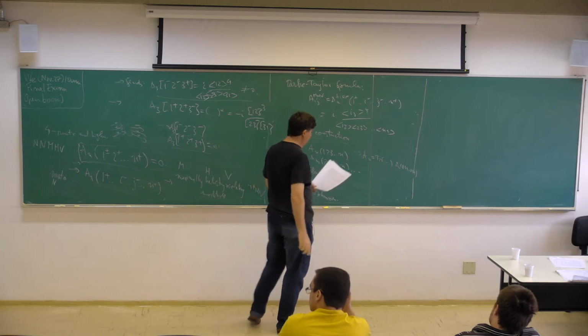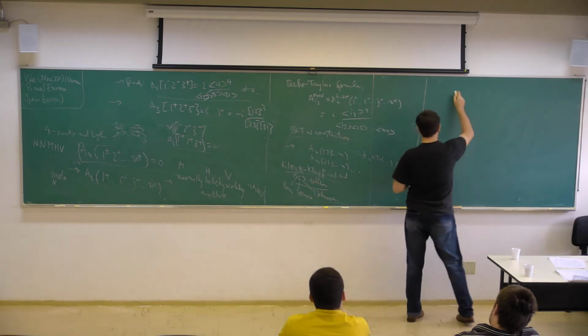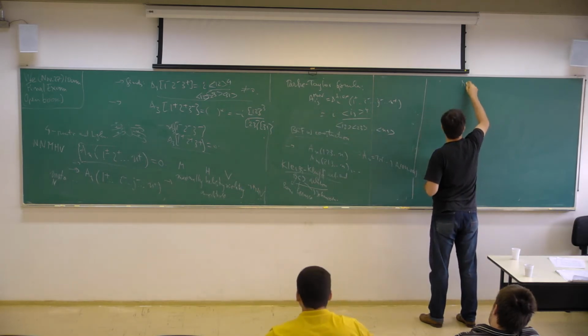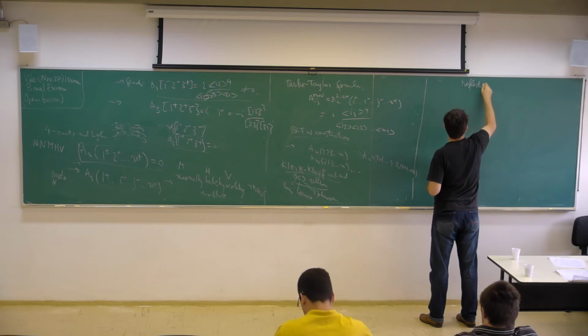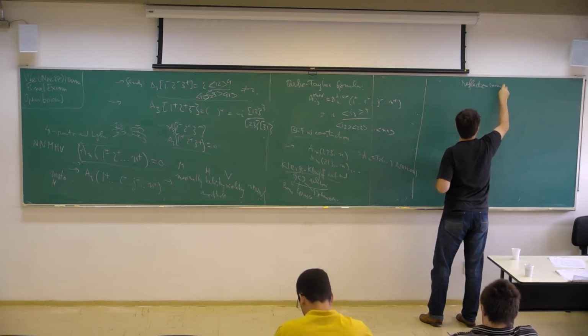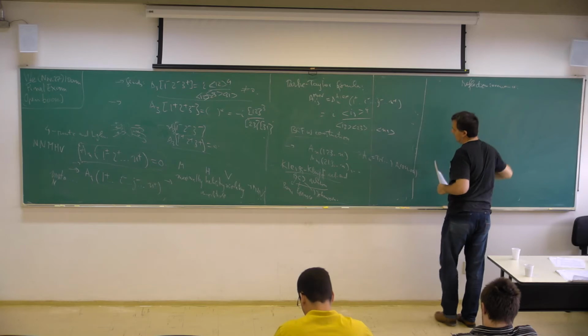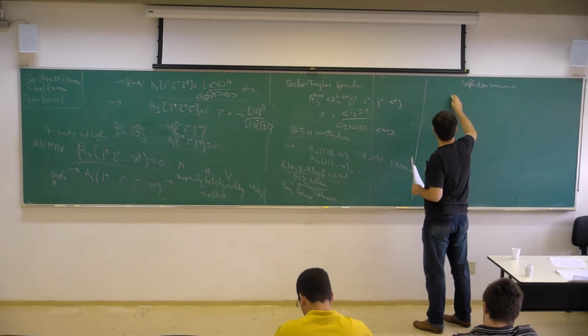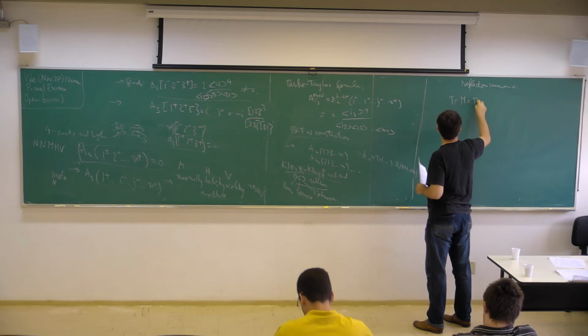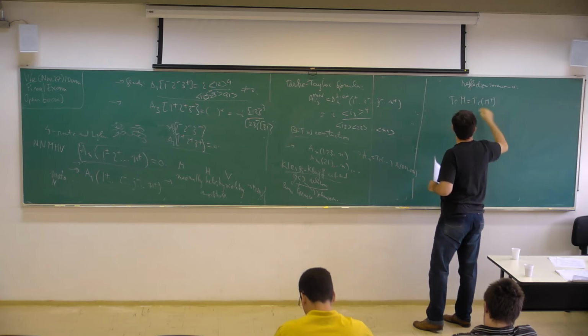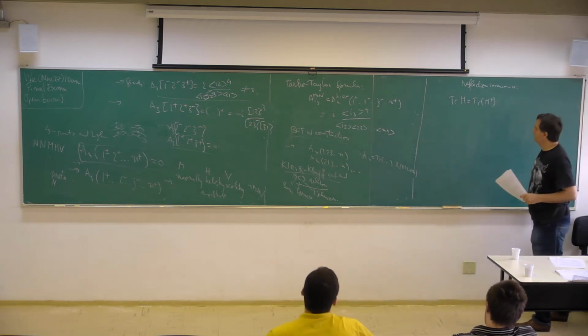Before these relations, there's one more relation that is important, which is reflection invariance. We know that the trace of a matrix is equal to the trace of its dagger.